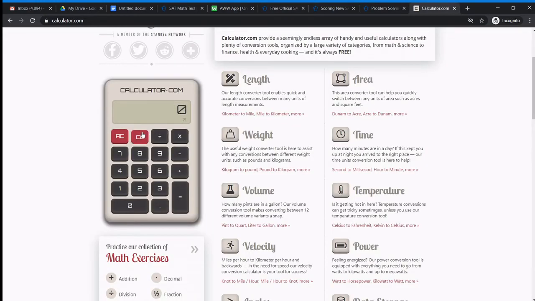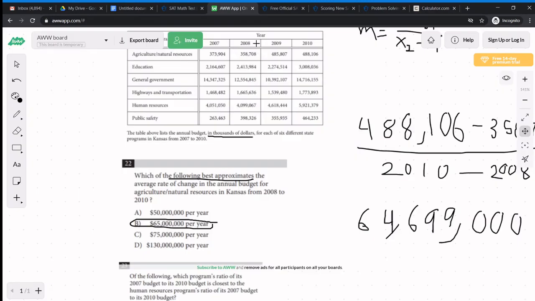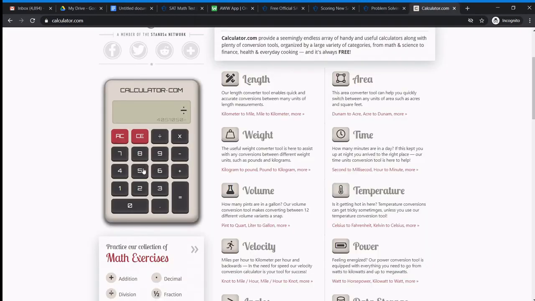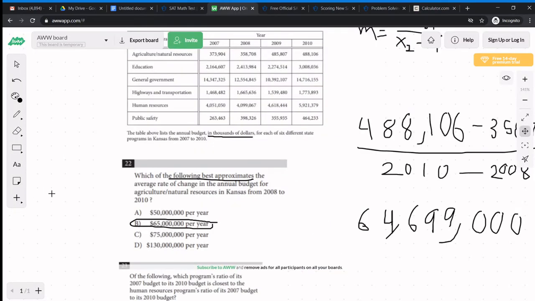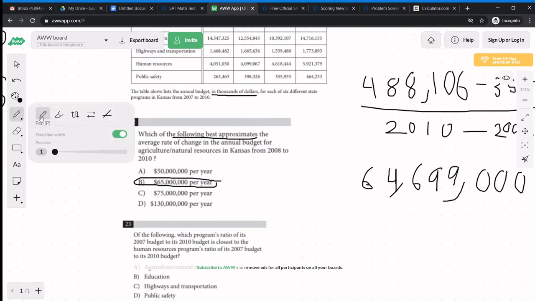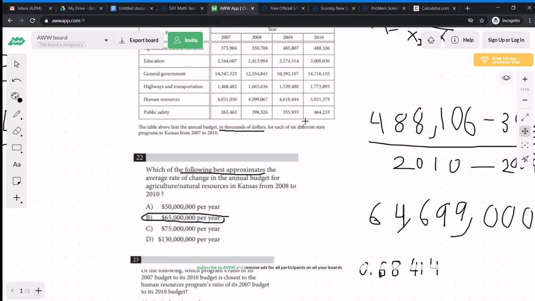Let's just figure out what that exact proportion is. 051,050 divided by 5921,379. And we get 0.68414.